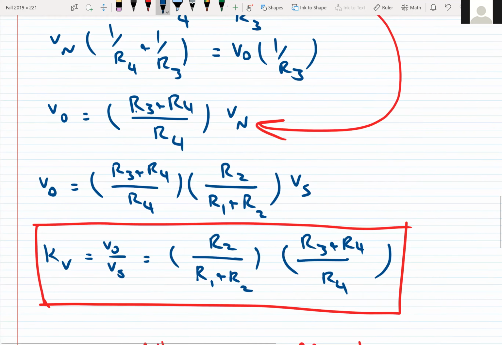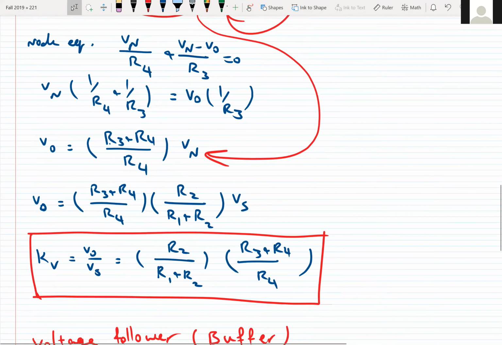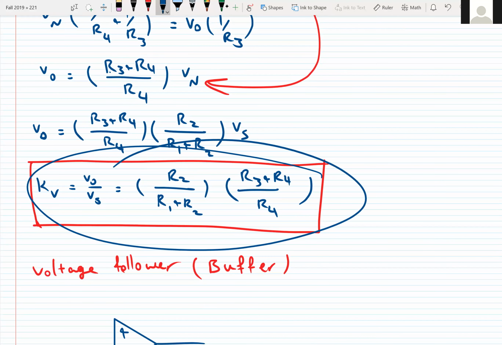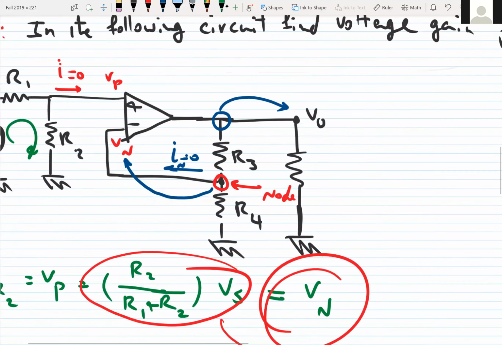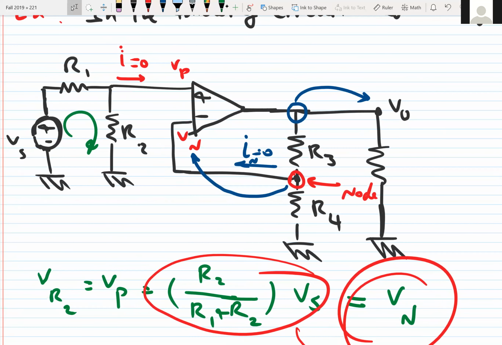In the last example, it's very interesting. If you look at the answer, it depends on R1, R2, R3, and R4. But if we go up and look at the circuit, in addition to R1, R2, and R4, we have another resistor called RL, which I forgot to label. So this resistor doesn't contribute to determining the output.